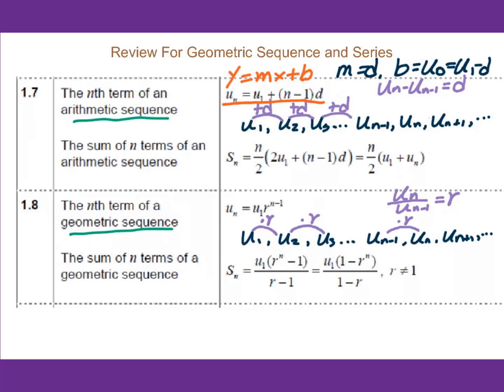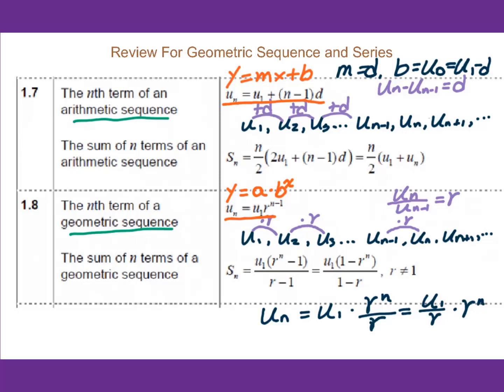For the geometric sequence formula, you can compare to y equals a times b to the x power. Let's analyze. U sub n, I can write as u sub 1 times r to the nth power over r. So we can write u sub 1 over r times r to the nth power.